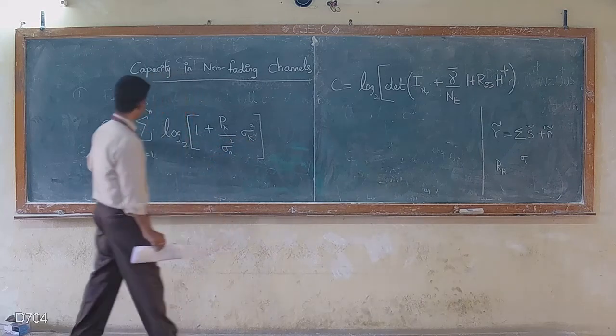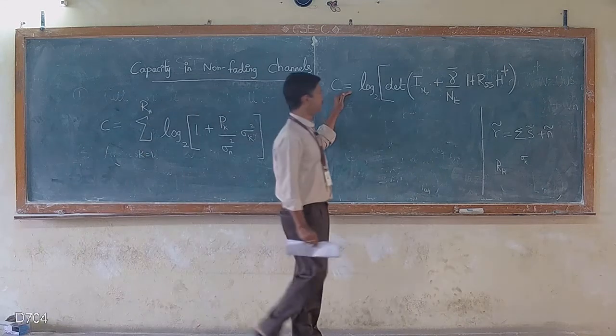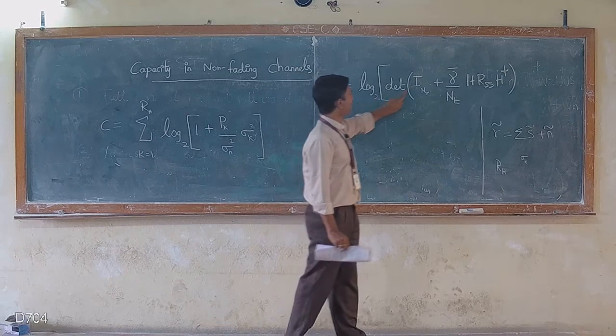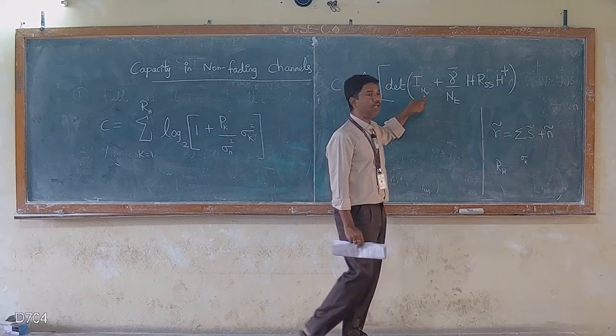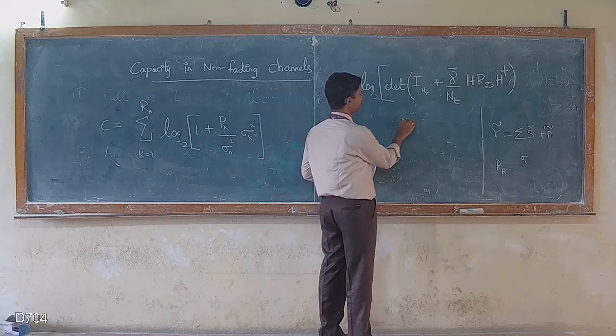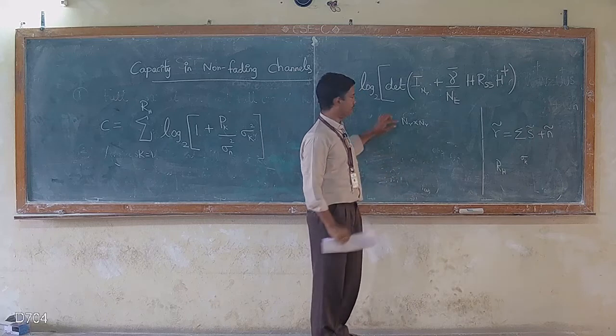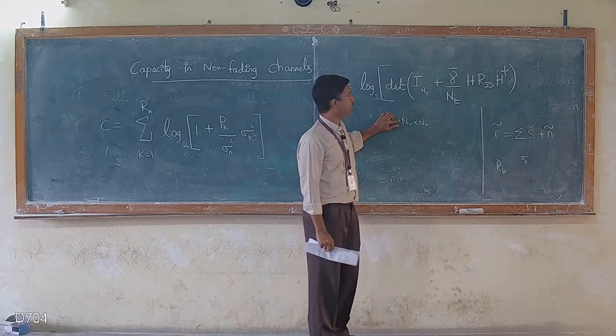So this equation for capacity can be rewritten as this, where I subscript NR is the identity matrix of dimension NR by NR. What is NR? NR is the number of receive antennas.